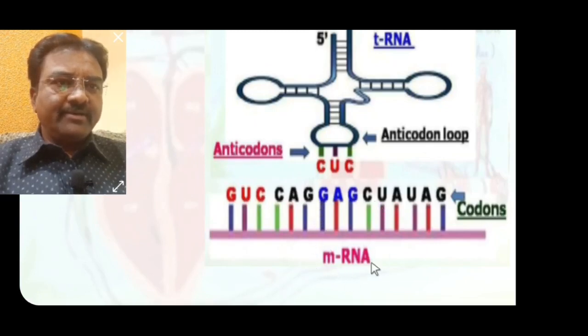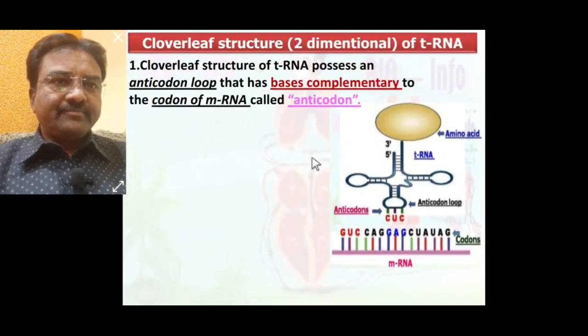Always remember, the anticodon on the anticodon loop of the clover leaf model of tRNA is complementary to the codons present on mRNA. So this is the anticodon.